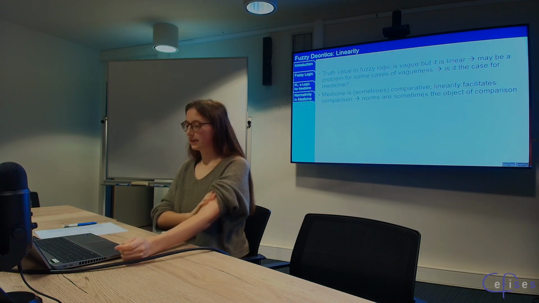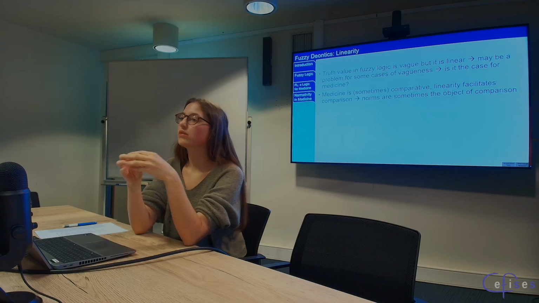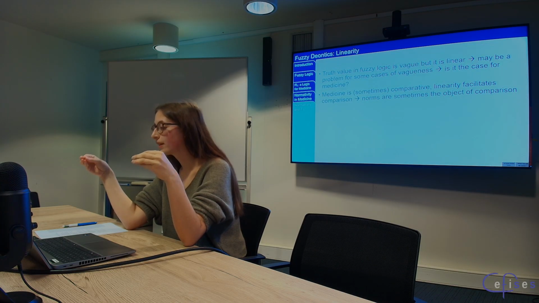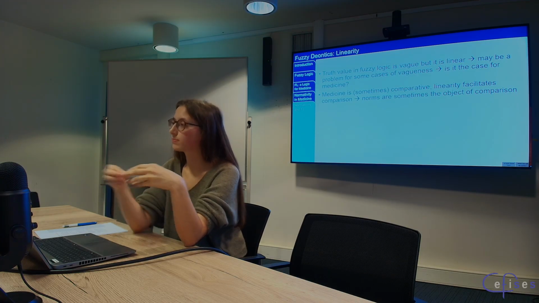Another element: fuzzy deontics is linear. That's not only a property of fuzzy deontics, but of fuzzy logic in general. It means that all the values a variable can take are on a spectrum. For example, if we have a truth value, the value will be between 0 and 1 on the spectrum.